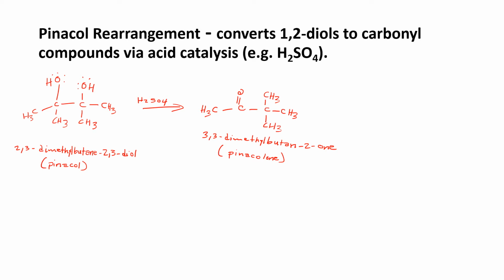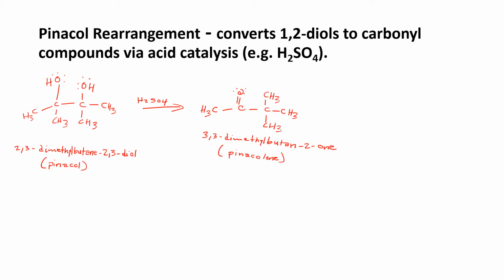You can see from the reactant, from the diol to the ketone, that we got some methyl shift occurring. We have an OH group that is left, and one of the OH groups has lost a proton and thus formed the oxygen double bond here. So in order to get a glimpse into what's going on, let's look at the mechanism.